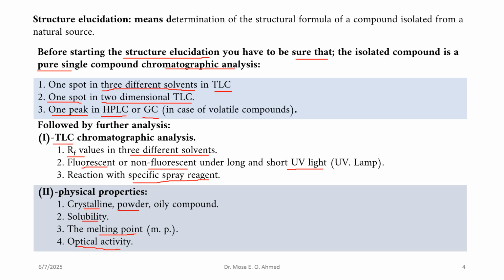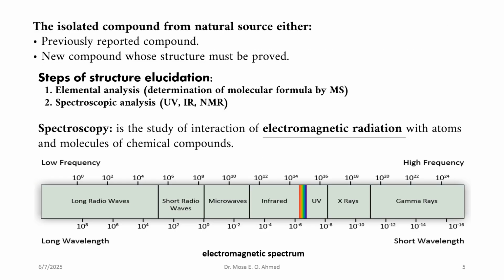Through these techniques, or mainly spectroscopic techniques and physical properties, we make sure the compound is a pure single compound and it is ready for the next step, which is the structural elucidation, or determining the chemical structure of the compound. After we perform purification and we make sure that the compound is single and pure.